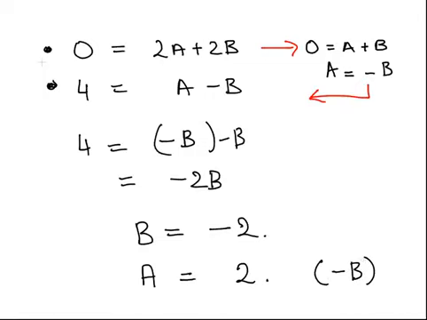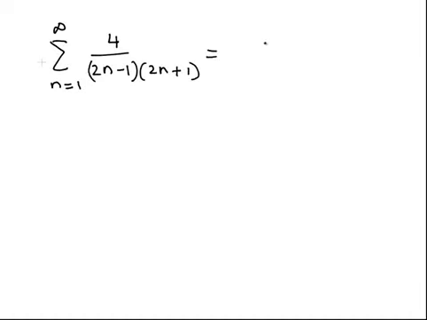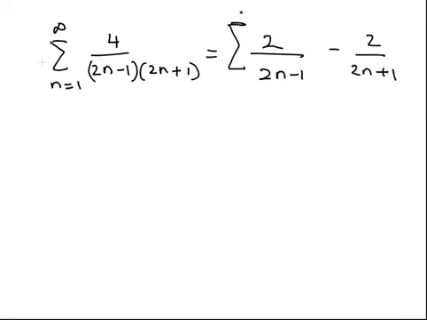Let's set up our expression again. We had the sum from n equals 1 to infinity of 4 over 2n minus 1 times 2n plus 1. That can be written as 2 over 2n minus 1 minus 2 over 2n plus 1, summed to infinity.